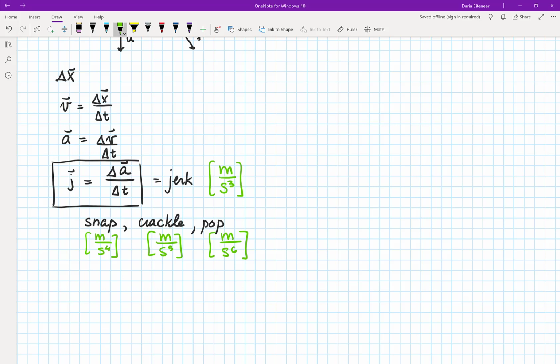Not really. The only time when these quantities matter is when you have a lot of changes, right? And not just change in position or velocity, but a lot of these changes are happening, and especially if they're happening quickly. So maybe something like accelerating a race car or launching a rocket into space, something like that.